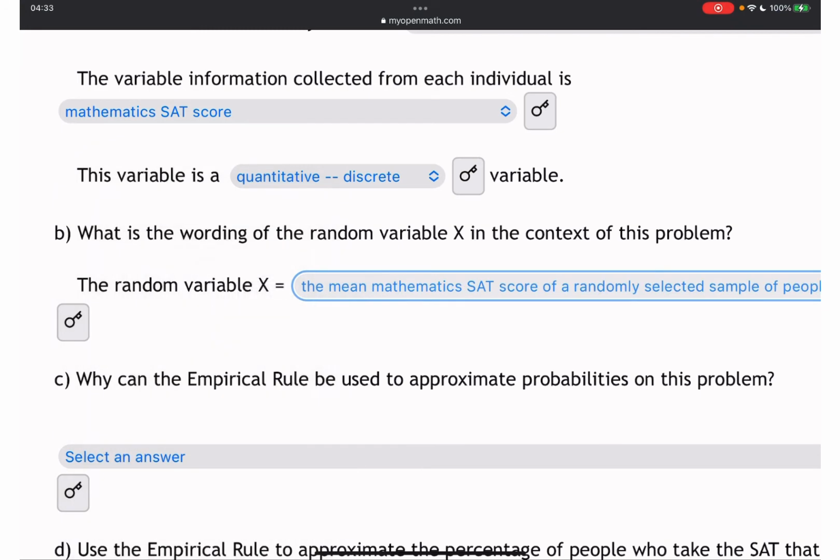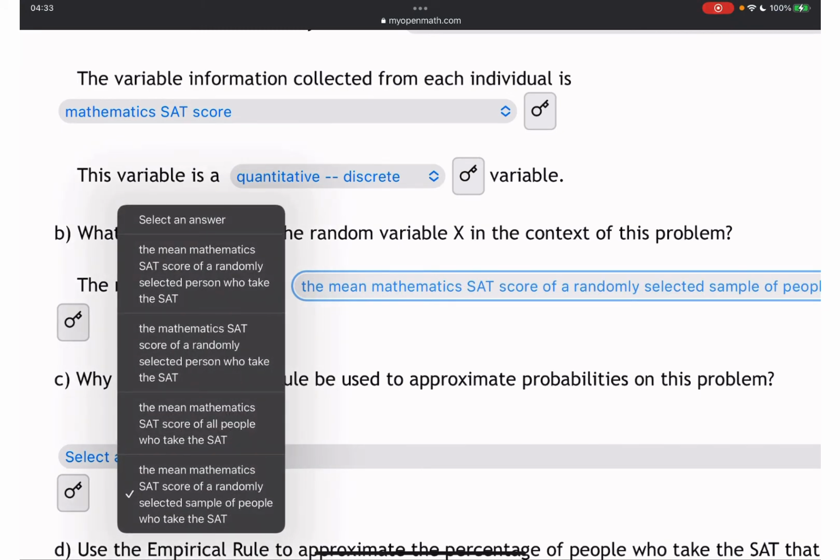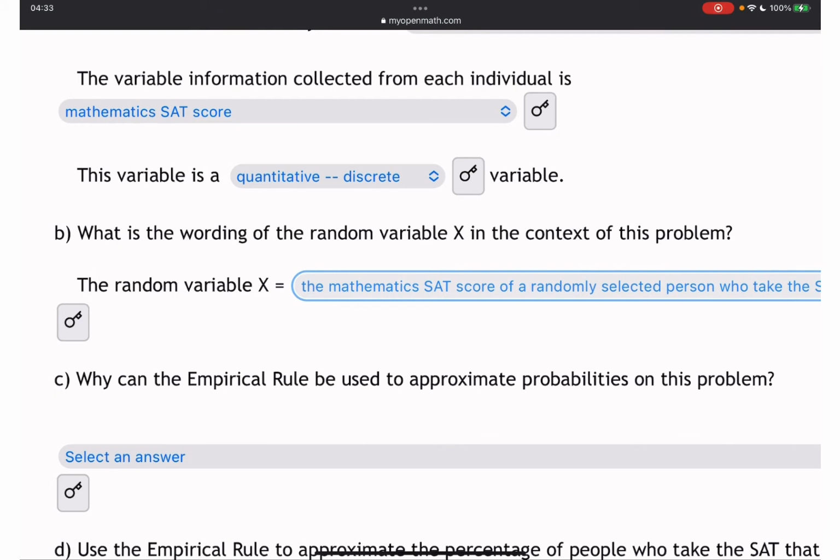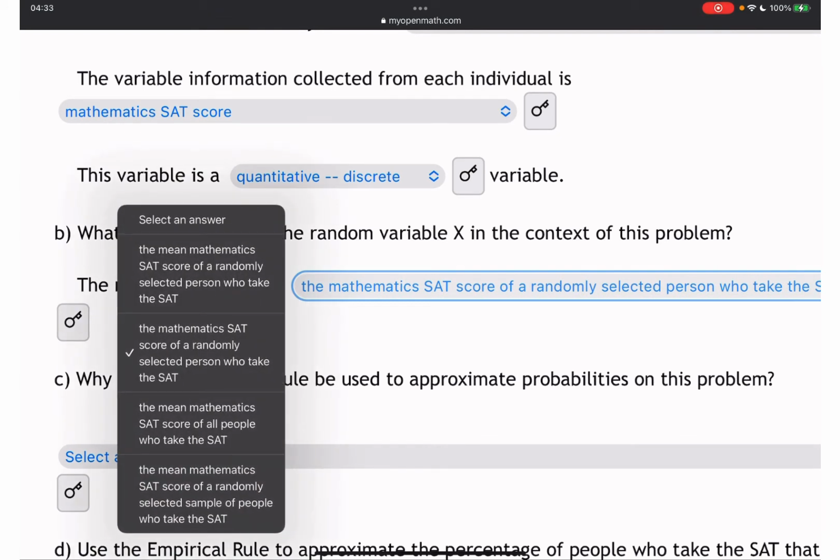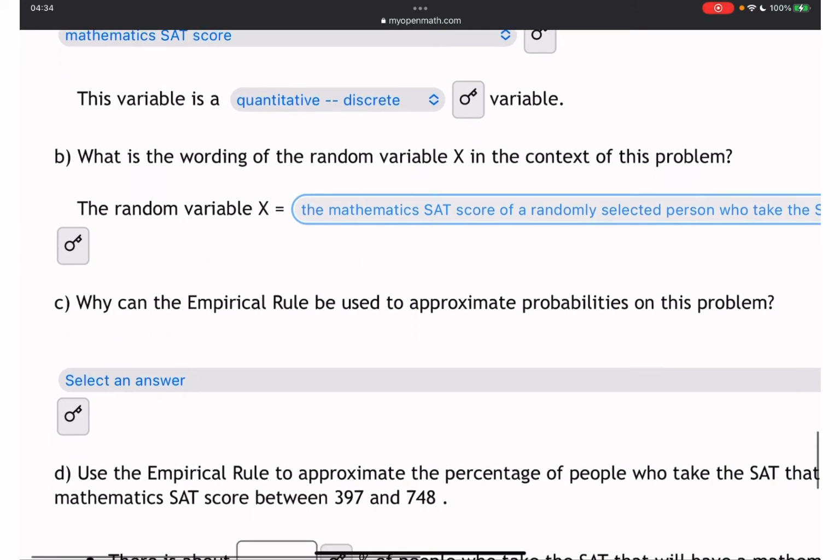The mathematics SAT score of a randomly selected person who takes the SAT. Okay, that's one.